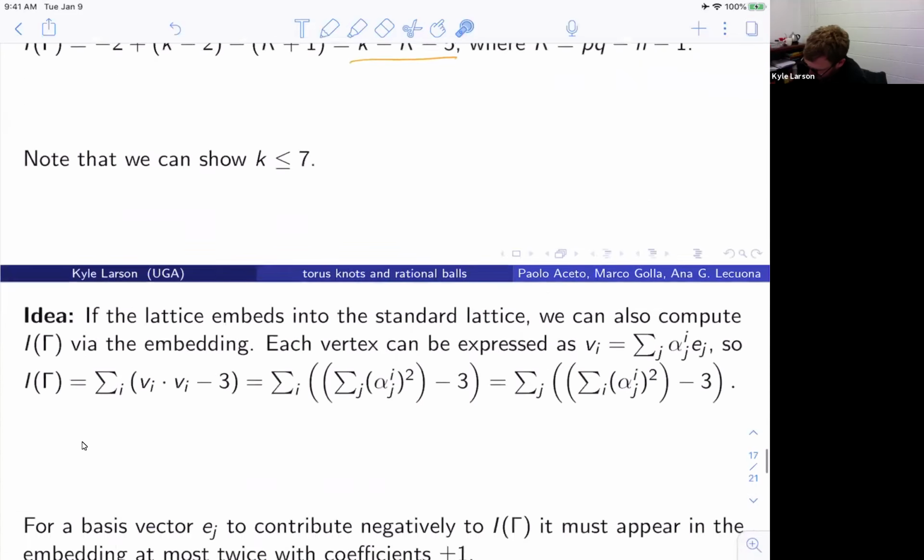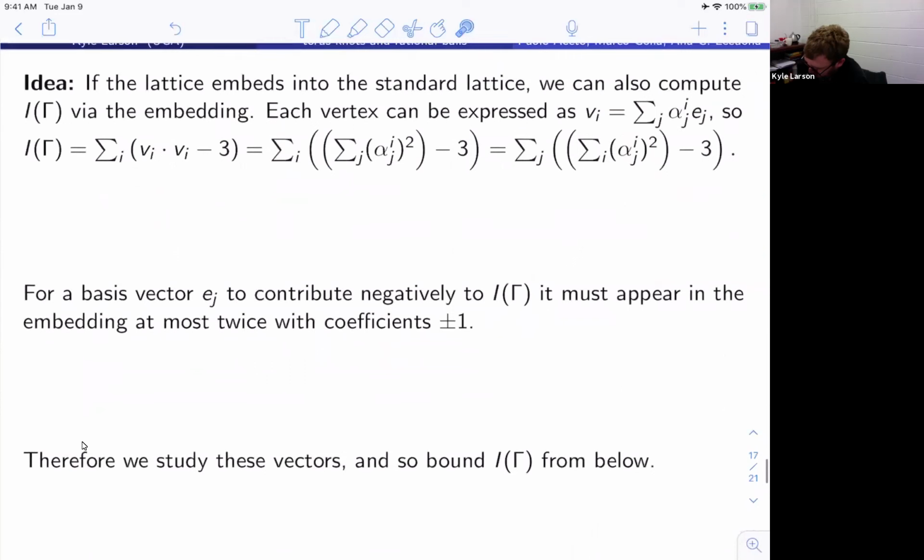Okay, so we have the following idea. We have a calculation for I, but suppose we have an embedding into the standard lattice. Then we can use this embedding to calculate I in terms of the standard basis vectors. If we have an embedding, each vertex can be expressed as a linear combination of the standard basis vectors e_j. Here alpha_ij is the coefficient of the standard basis vector e_j in the embedding of the ith vertex. So we use this to compute I another way.